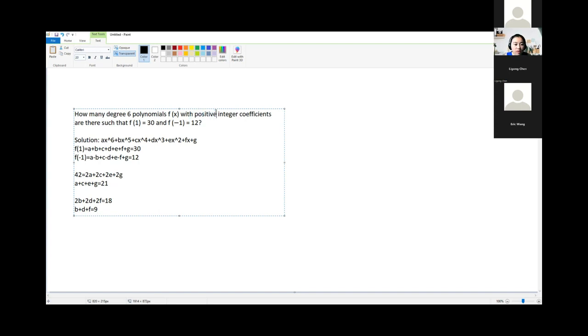But the coefficients have to be positive integers, which means that when we do stars and bars, they can't be 0. They have to be at least 1, so we give 1 to each of them first. So in the a plus c plus e plus g equals 21 case, there's 17 stars left and 3 bars for 4 letters.